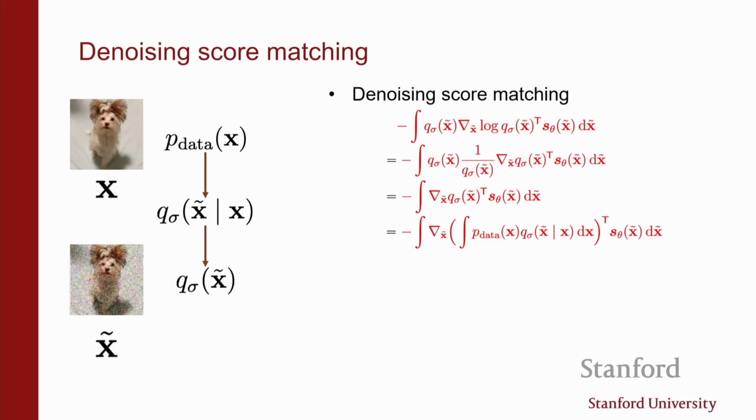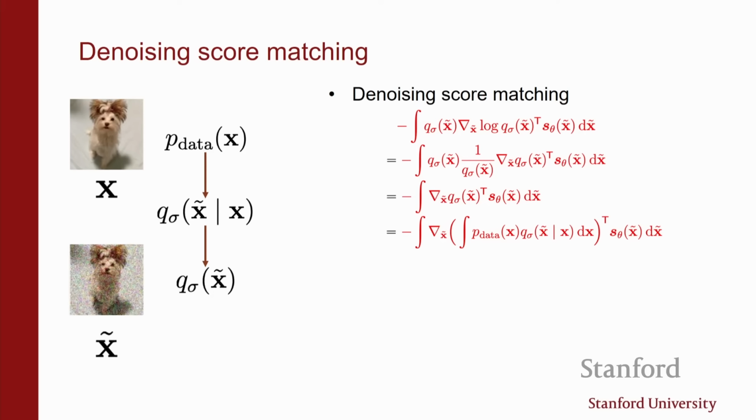If you think about the sampling process, you have to look at every possible x, and check what was the probability of generating x tilde by adding noise to x. That's what this integral is giving you. It's just the definition of Q sigma that we had in the previous slide.